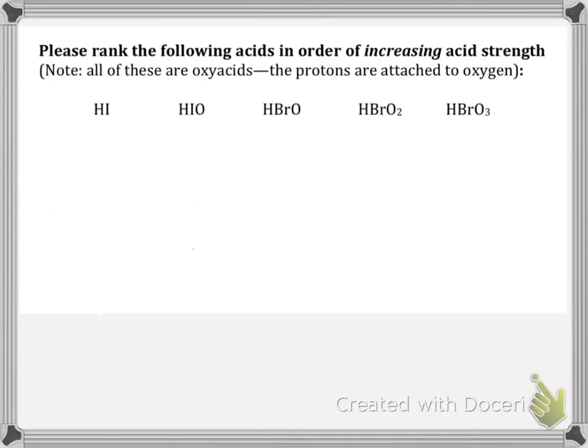Now in this question, they want us to rank the acids in order of increasing acid strength. And so here we have a bunch of oxyacids. So we have a hydrogen, a halogen, and then some oxygens. And so when we want to rank these by strength, we're first going to look at the central atom.